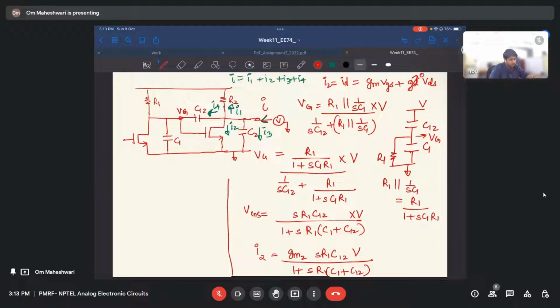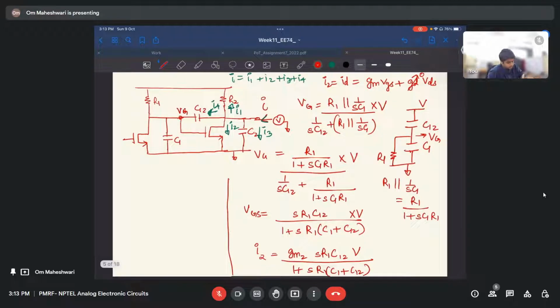Now let us see what I1 is. So I1 is V by R2 simply. And I3 is SC2 V. Right. And what is I4 then? I4 is the current flowing through this branch, right? So it is V minus 0 by this impedance.